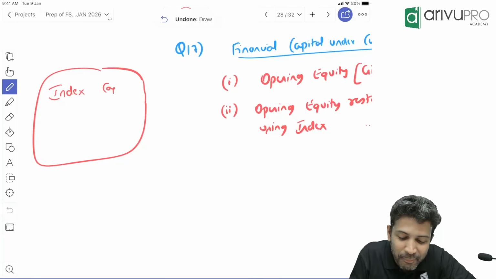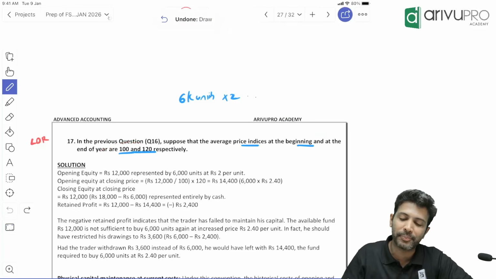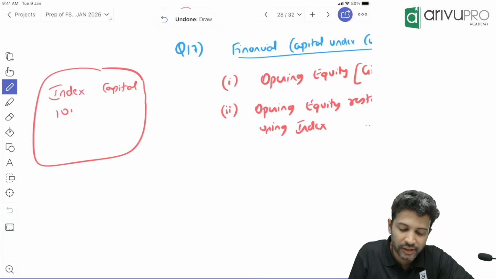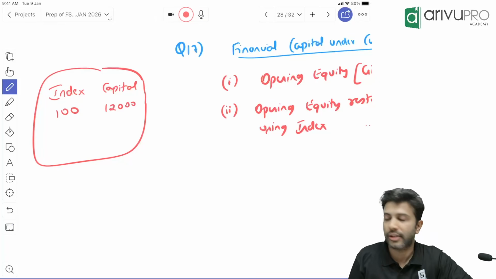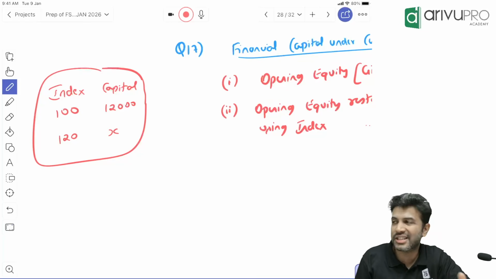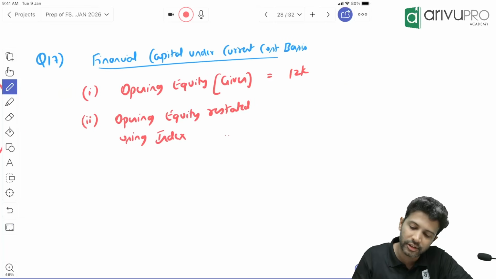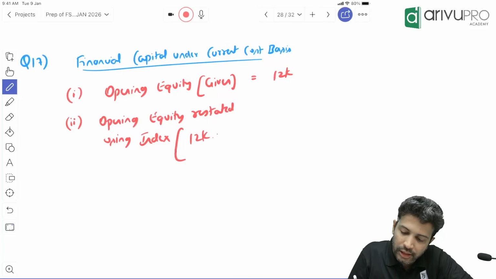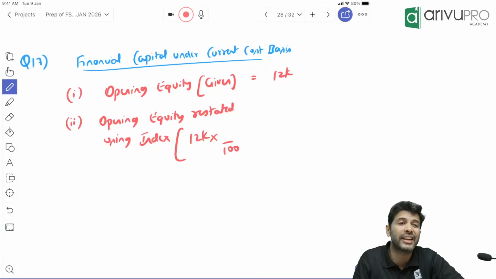Index and capital. People, at the beginning of the year, how much was the index? 100. And how much was our capital? 12,000. At the end of the year, the index is 120, so how much is your capital? You need to restate your capital considering the index. So 12,000 represents 100, because 12,000 was the number when the index was 100.